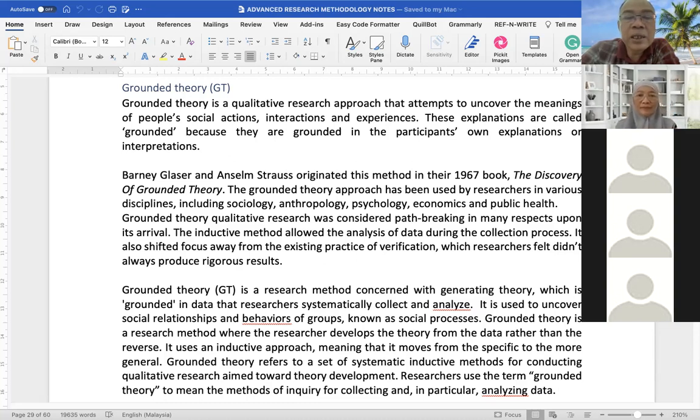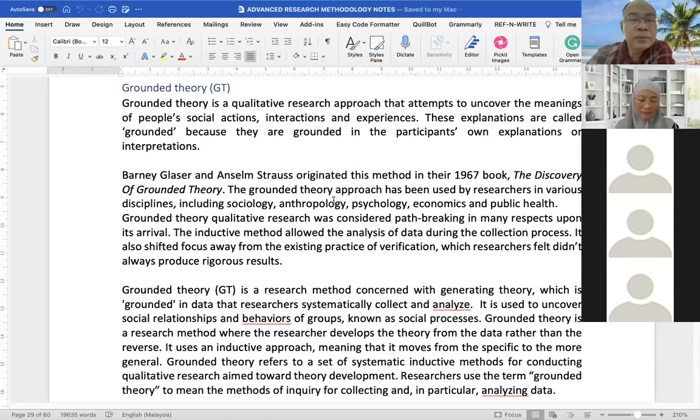It is inductive in the sense that the researcher uses the data to come up with the theory. So the data first, then from the data, the researcher will try to make certain conclusions, maybe have a certain hypothesis and certain theory based on the data.